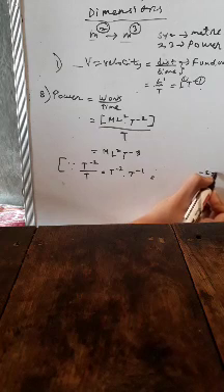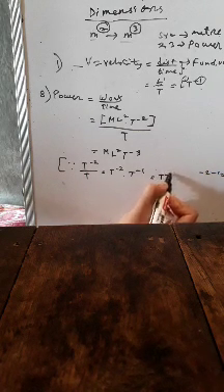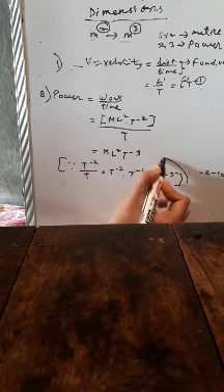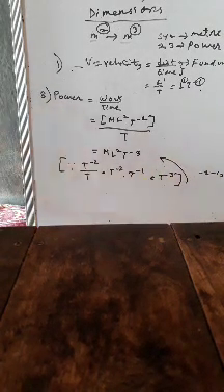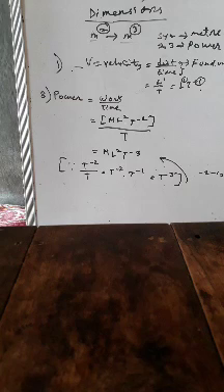So minus 2 minus 1, how much? Minus 3. So T to the power minus 3. See, I have written it here, isn't it? So the final unit of power is M L squared T to the power minus 3. Okay.